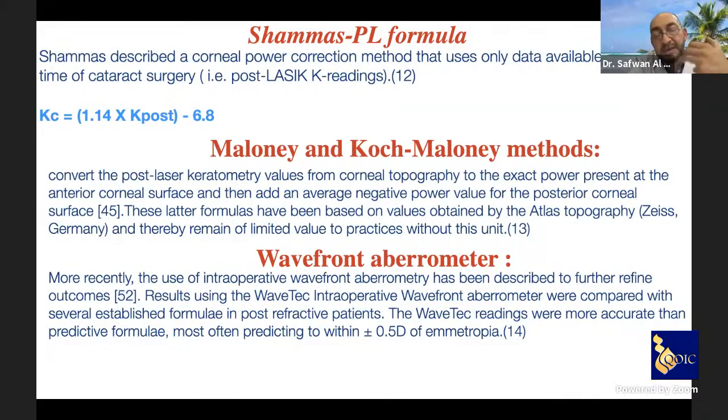The issue is that it's very expensive. We need a bank of lenses behind us to tell us which one, because it's intraoperative. So practically, it's not a practical approach that we can follow.